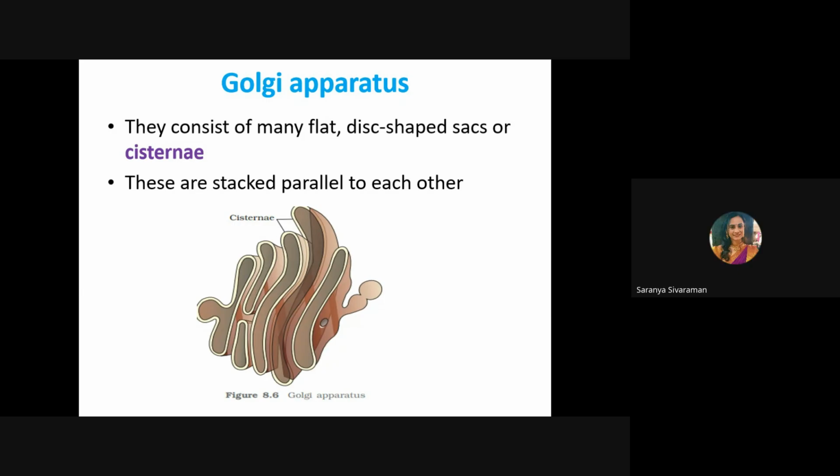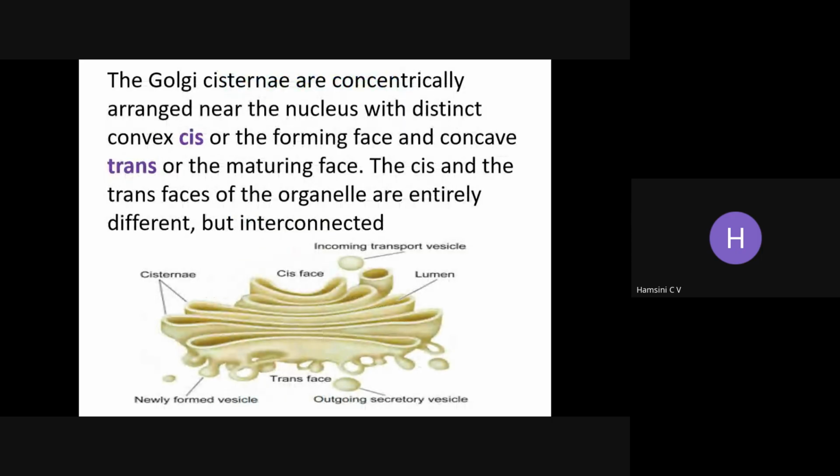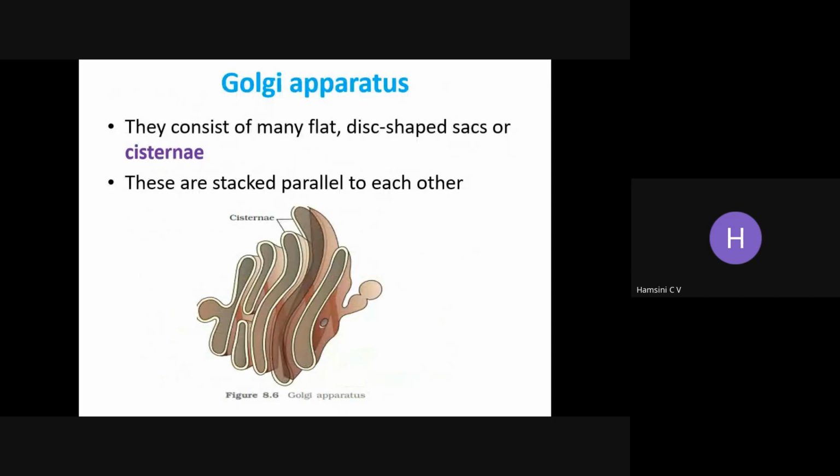Camillo Golgi. Very good. In the year 1898, he was the one who discovered this organelle called Golgi complex. There are many flat-like structures piled up parallel to each other and forming a stack. These parallel structures, we call cisternae.